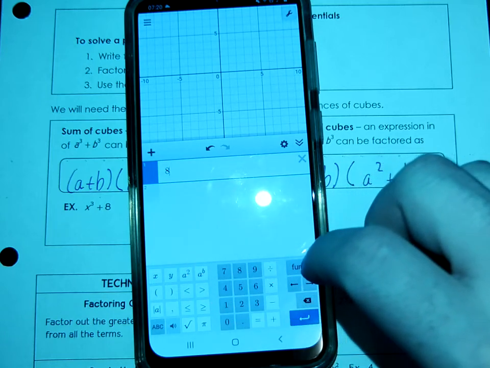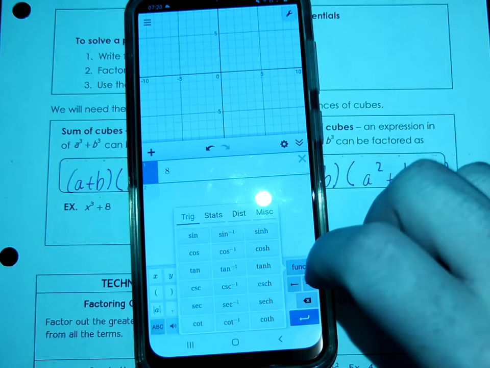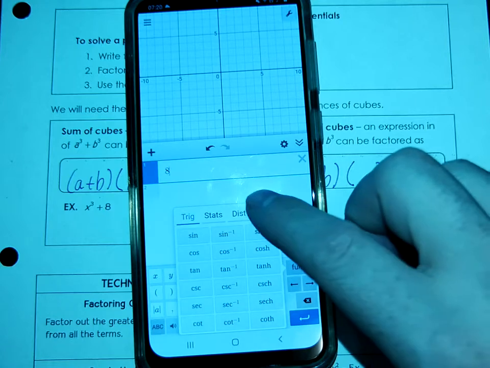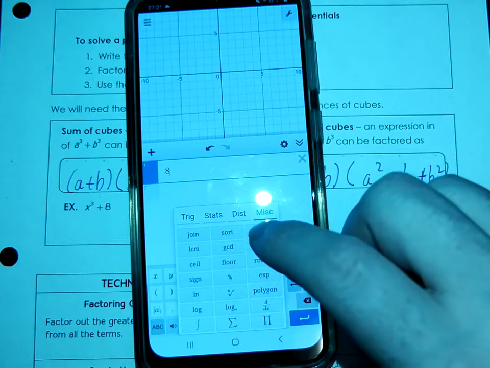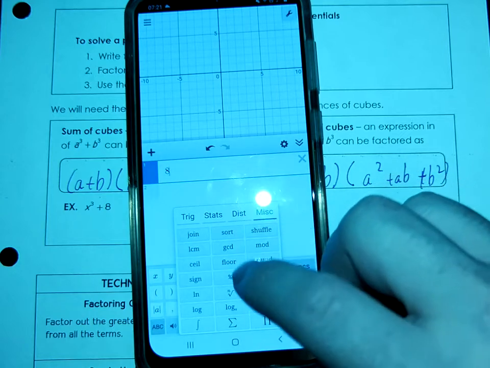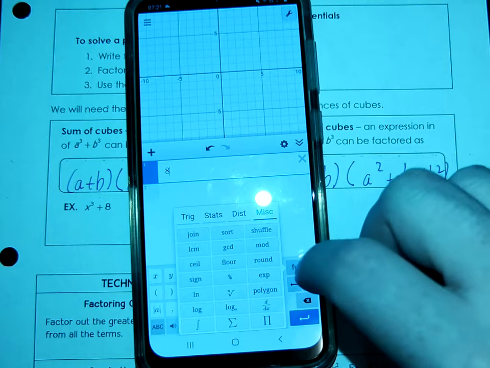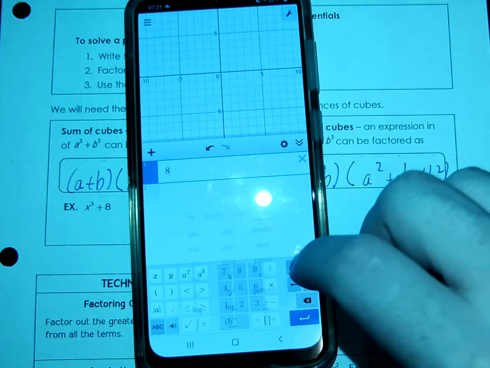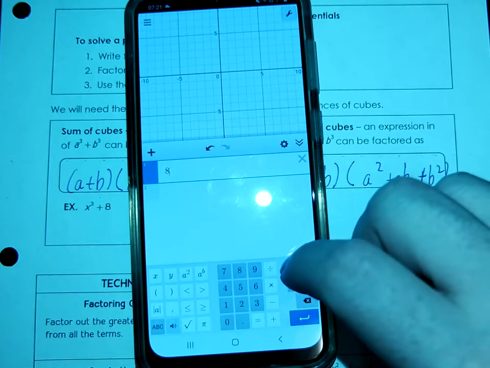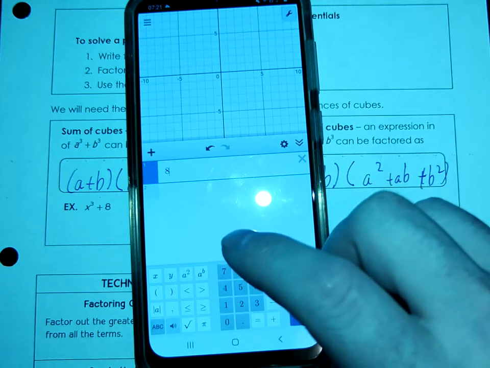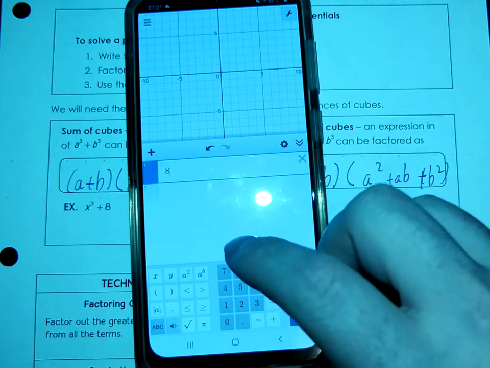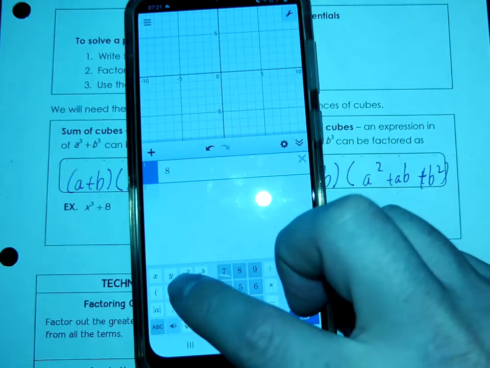So I'm going to do, I think I'll do this one. Over here, there should be a power symbol somewhere. Well, there's a root symbol there, not a power symbol. I know where this is on the computer version of this.